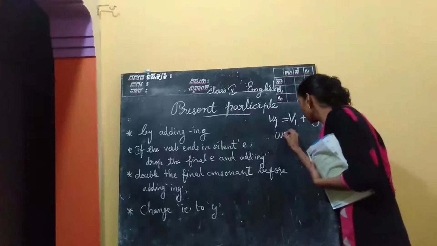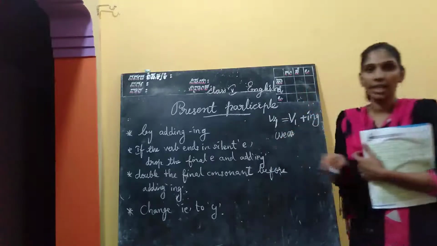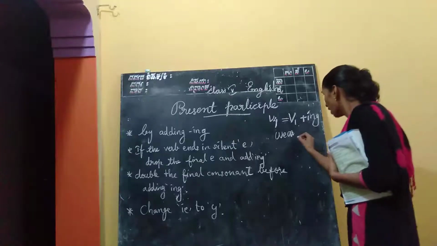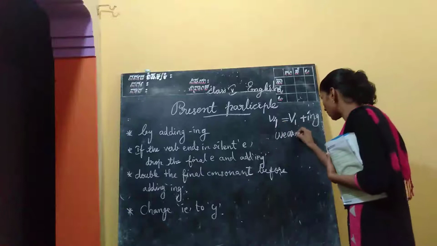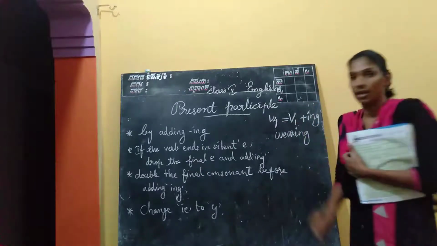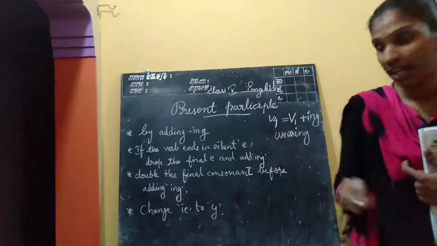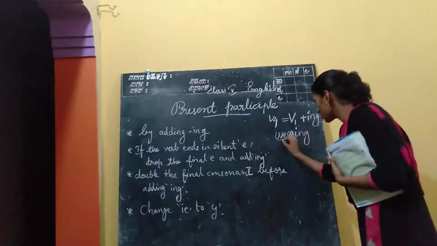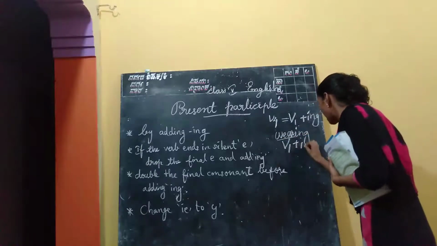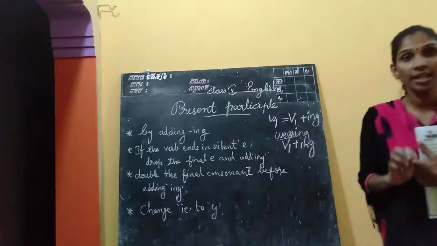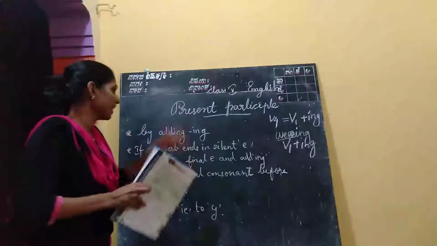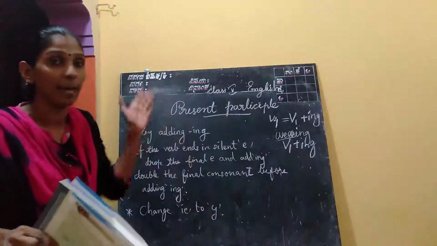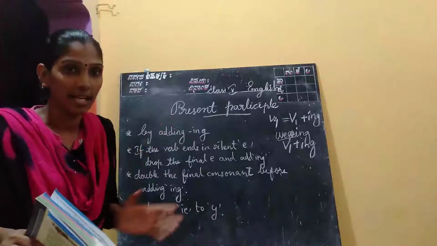For example, wear, W-E-A-R. What is the present participle? Present participle: wearing, right? Here, V1 plus ing, wear plus ing, wearing. Okay, so by adding ing usually we can make the present participle.